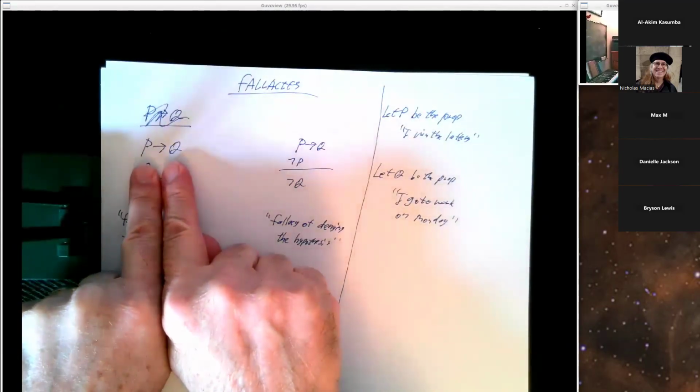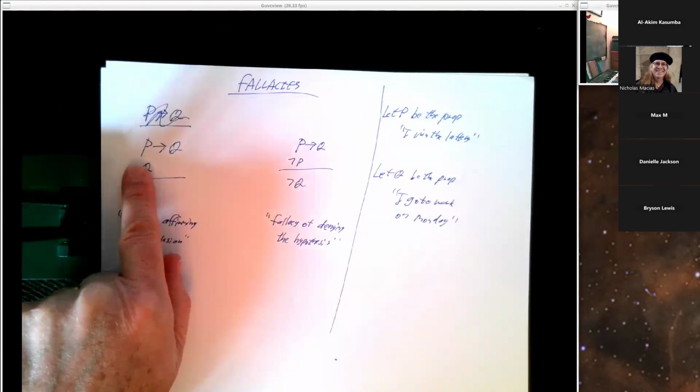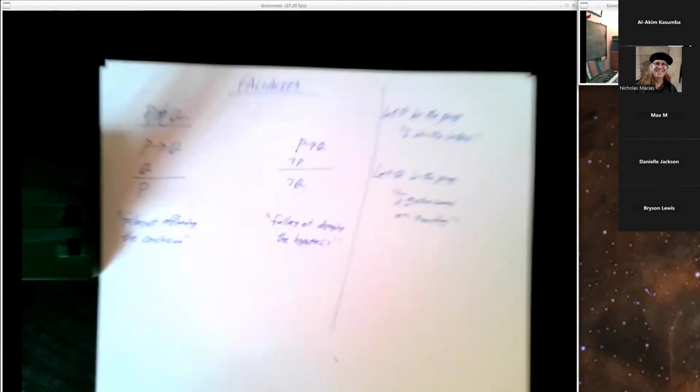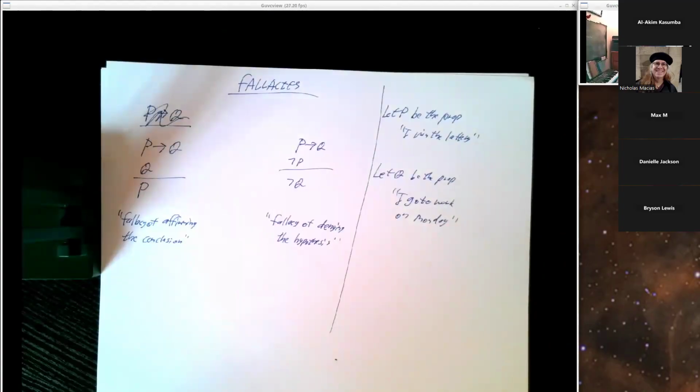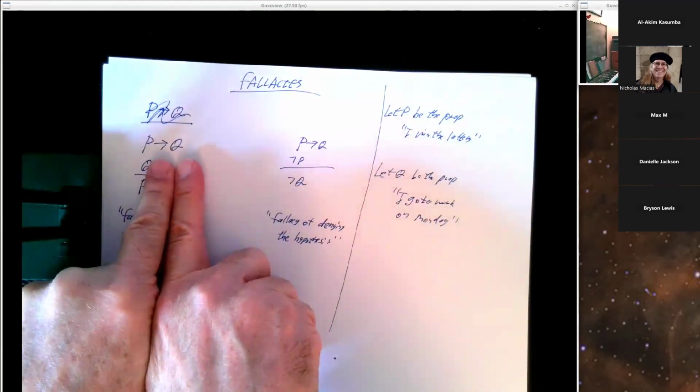So this first statement, if P then Q, says, if I win the lottery, then I go to work on Monday. And that's true, right? If I win the lottery tonight, I'm still going to go to work on Monday because I wouldn't just abandon my classes. So this is absolutely a true statement.